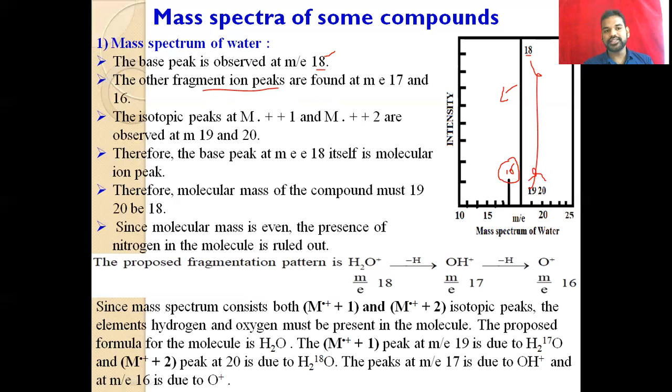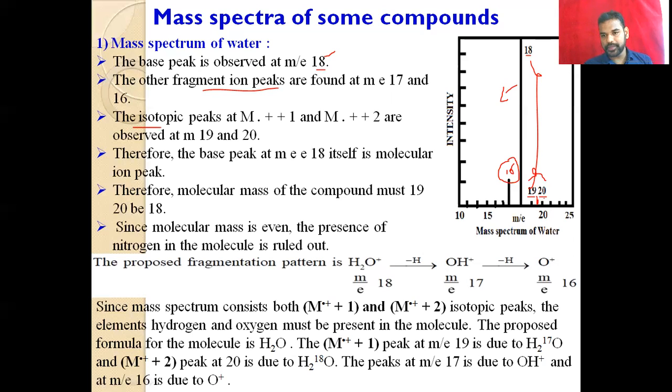Then the next one is the isotopic peak. First identify the base peak, then the fragment ion peaks, and third, if there is any isotopic peak, we have to identify it. Here we have 2 isotopic peaks, 19 and 20. Their intensity is very low, negligible, but we have the isotopes here.